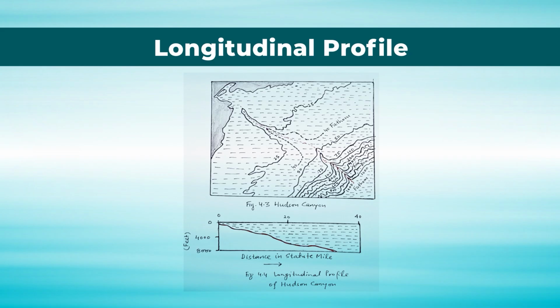It is Hudson Canyon off the coast of USA, and the depth goes up to around 8,000 feet, and the width, you can see, is around 35 statute miles. So in this diagram and in this map, the submarine canyon feature is clearly visible.